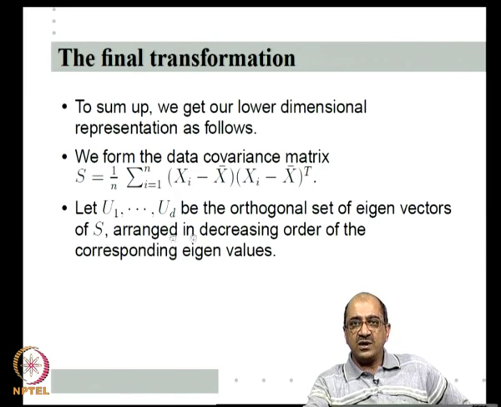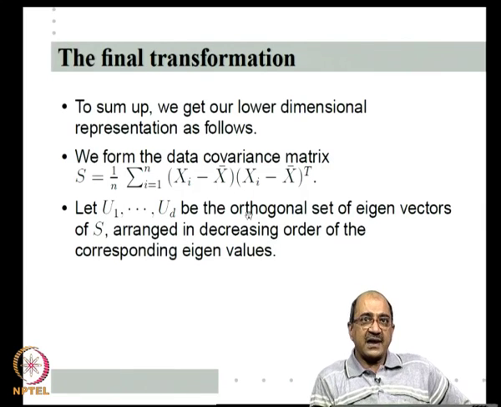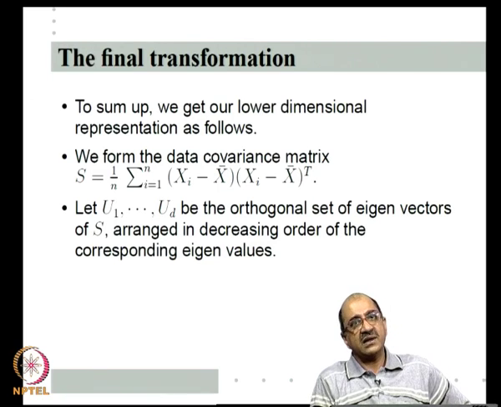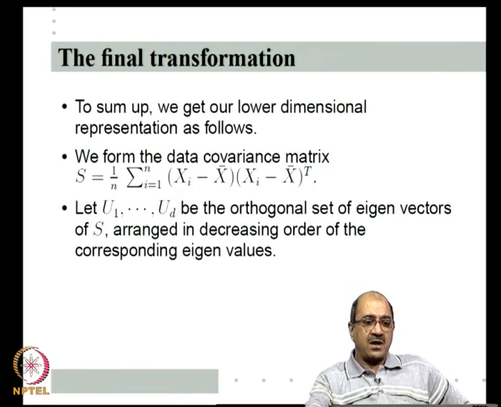Let us say u1 to ud are such eigenvectors, arranged in decreasing order of the corresponding eigenvalue. That means u1 corresponds to the highest eigenvalue, u2 corresponds to the next highest eigenvalue, and so on. And I can talk about highest and next highest eigenvalue, because the eigenvalues are all real, because S is real symmetric. Okay.